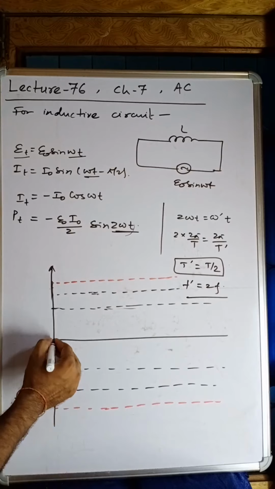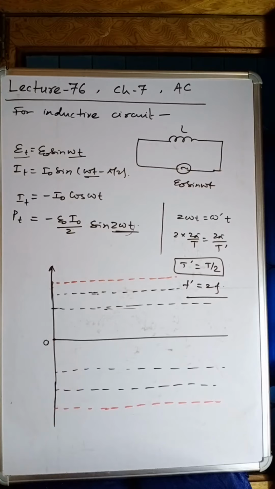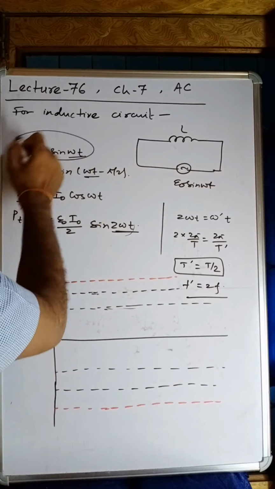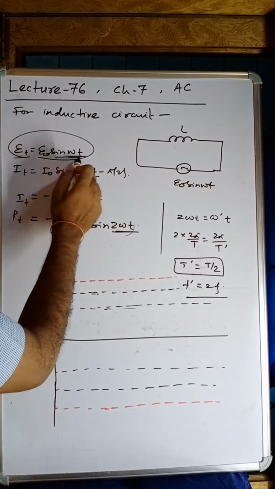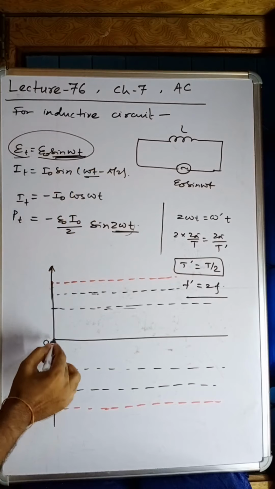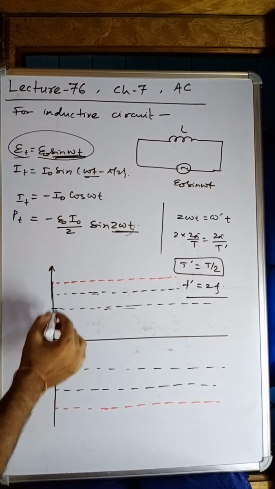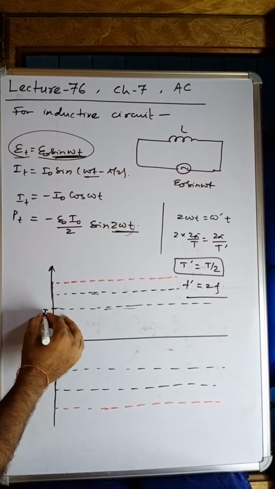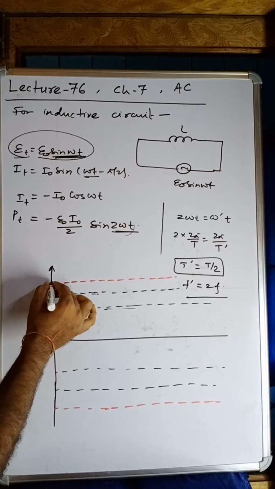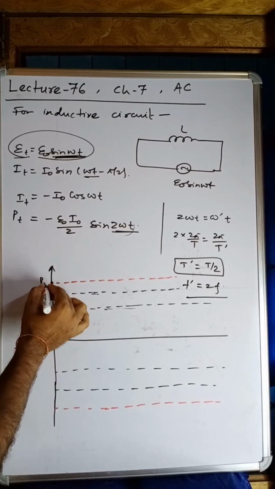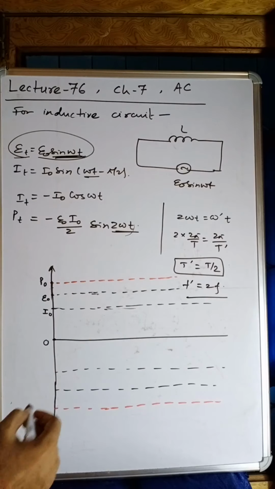This is 0. First we are going to draw the sinusoidal graph of voltage. So this is the graph of sine. Start from here, and this is our I naught, this is our E naught, and this is our P naught.